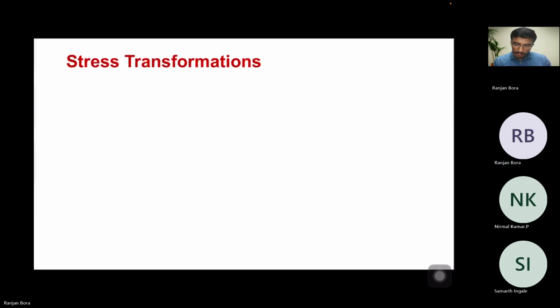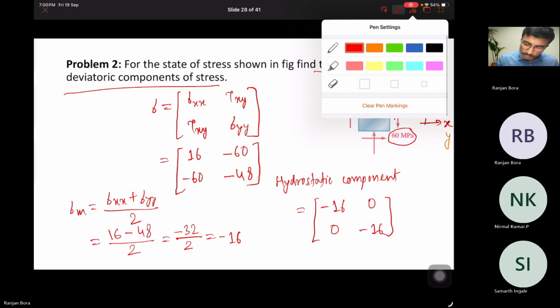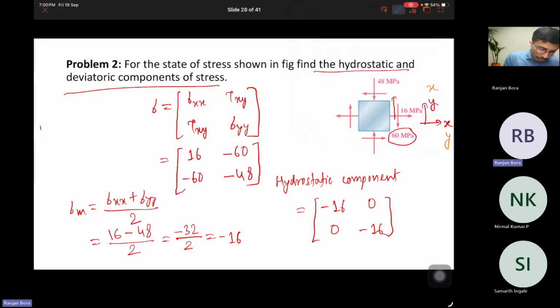And the deviatory component, I will write here. It is sigma xx minus sigma m, tau xy, sigma yy minus sigma m.